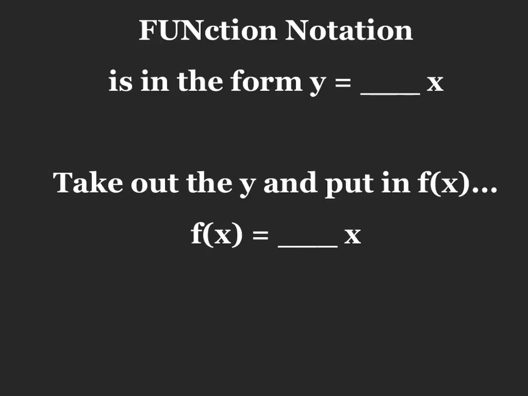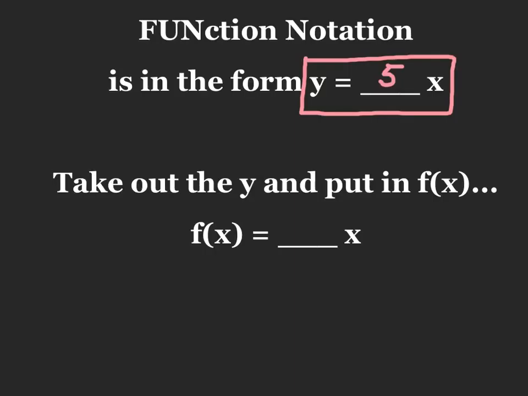Now let's talk about what's called function notation. You probably recognize this right here. We have seen equations written in this form before, and usually there's a number in this spot, and that number represents the unit rate.